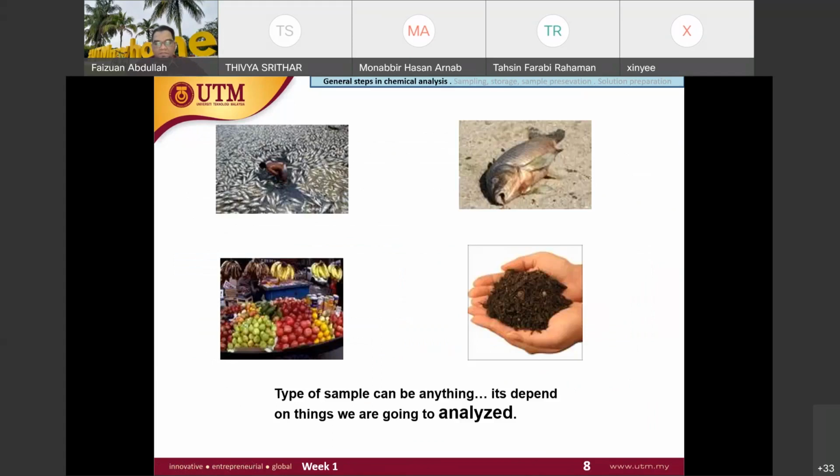You can see that the type of sample can be anything, depending on what we're going to analyze. It can be a fish that has died in the river or sea. We don't know why the fish died, so we take a sample of the fish to analyze. Maybe some toxin appeared in the fish sample.